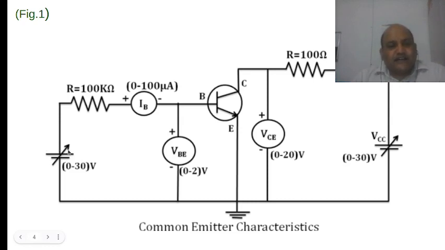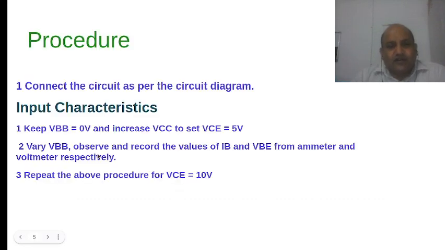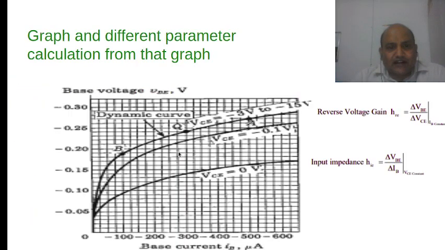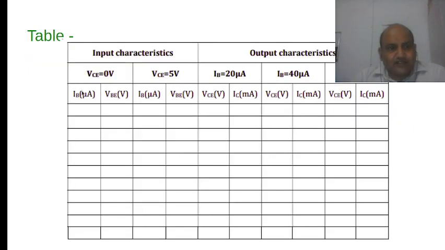We note that down. We change the VBB, this source voltage, now increasing it from 0 in some steps, and we measure IB and VBE, and those can be recorded in this graph.